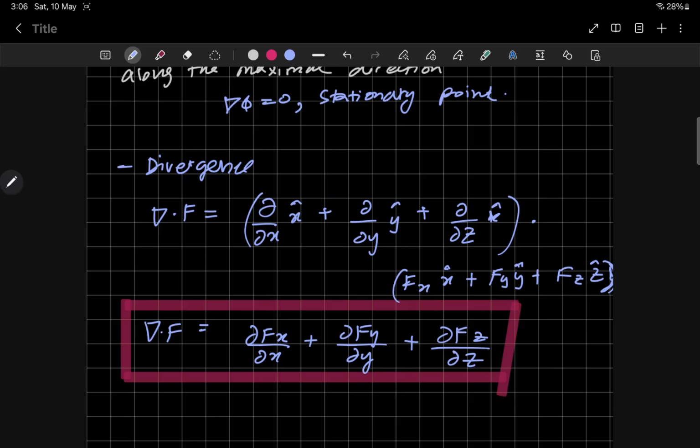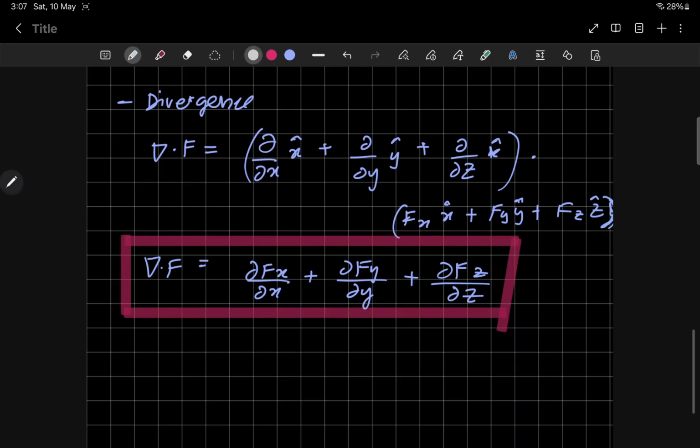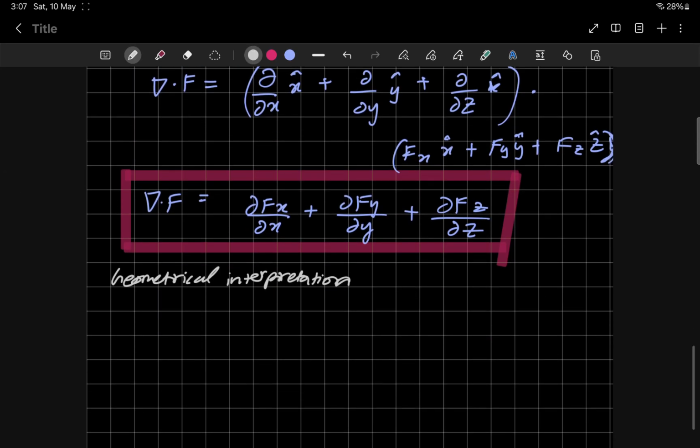Griffiths gives you something called a geometrical interpretation, so you might want to look into it. What he says is that it basically represents how much a vector valued function spreads out from a point.